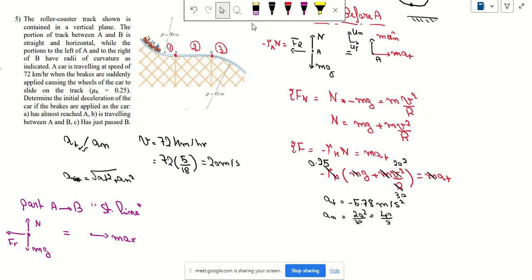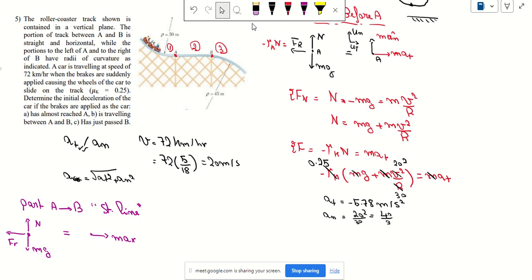The difference is that we were moving on a circular track, and now we are moving on a straight line. For any straight line, the radius of curvature tends to infinity, so rho equals infinity. So a_n, which is v squared over rho, any value over infinity, will lead to 0.